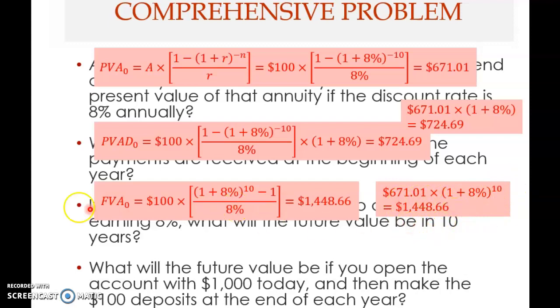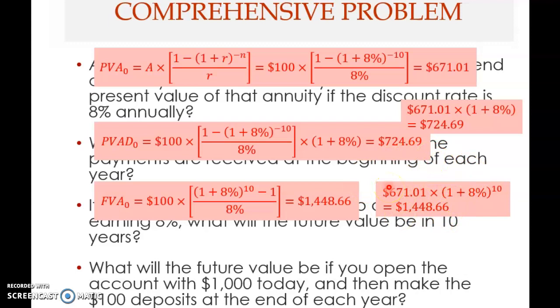So this is the future value of this present value. Either way you get the same answer, as long as you're consistent. Since you have got this, rather than doing it this way, it is more efficient to just do it this way.